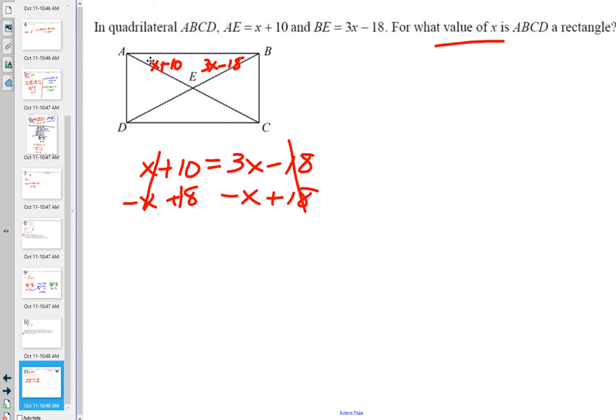Yeah, sorry. So then it's 28 is equal to 2x, which is 14 actually. Sorry about that. Thank you. I just forgot the one.